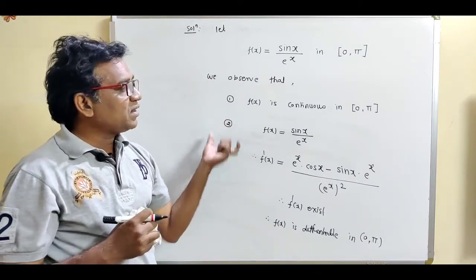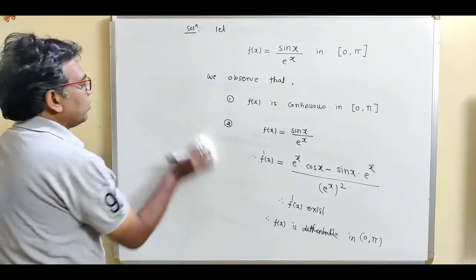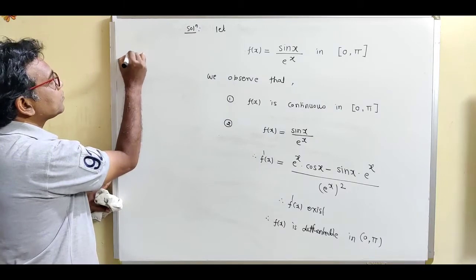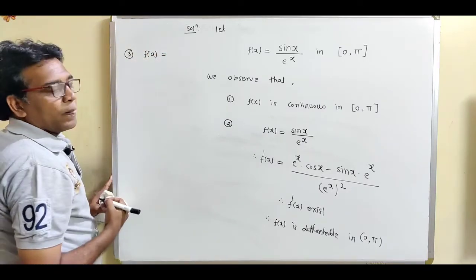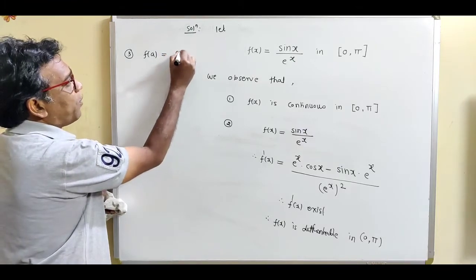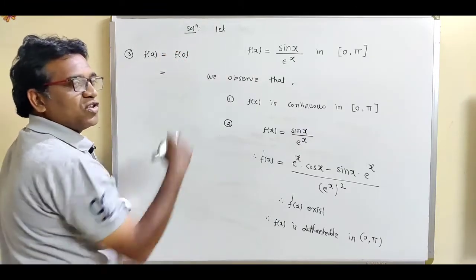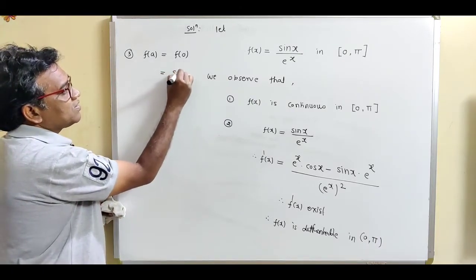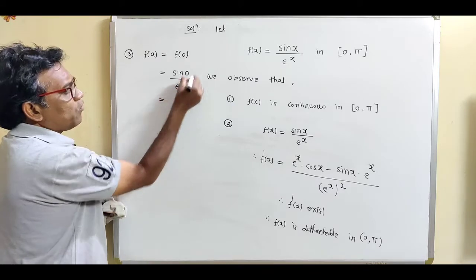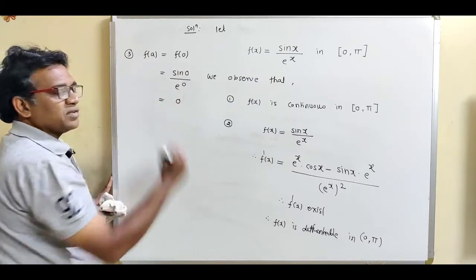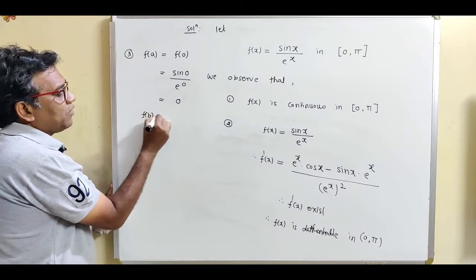Now let us verify the third condition, about the equality of the function values. Write down number 3. Find out f of a. A means the initial point, which is 0. So let us put x equal to 0 in the given function: sin 0 divided by e raised to 0. Obviously the value of sin 0 is 0. Find out the next value, f of b.